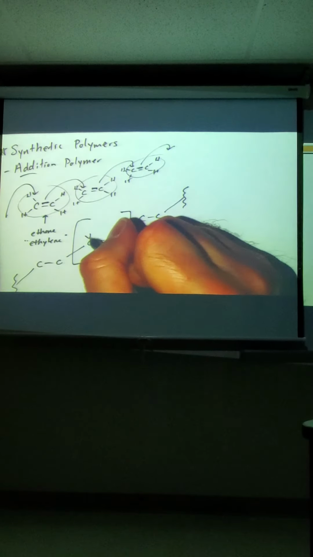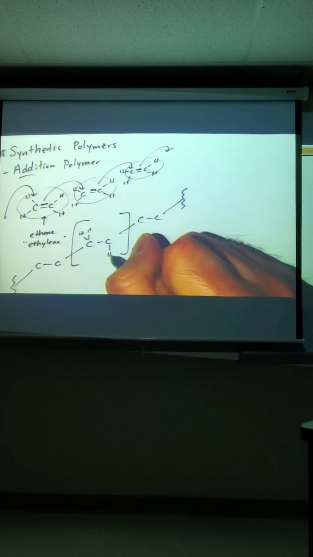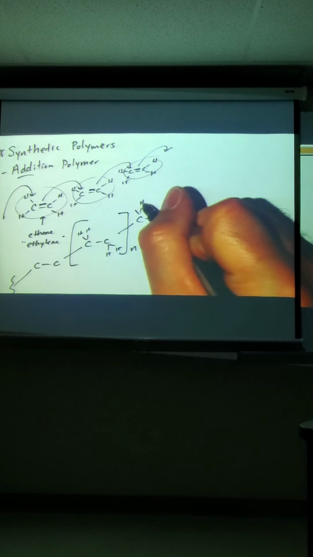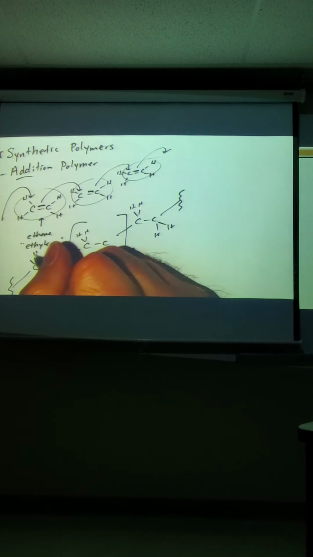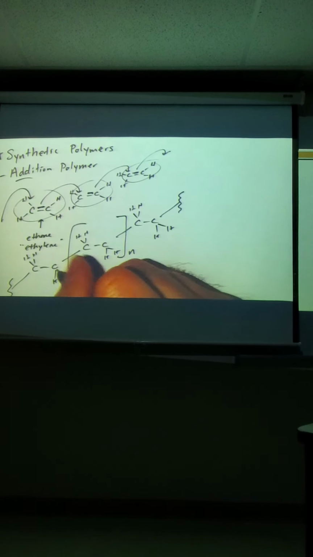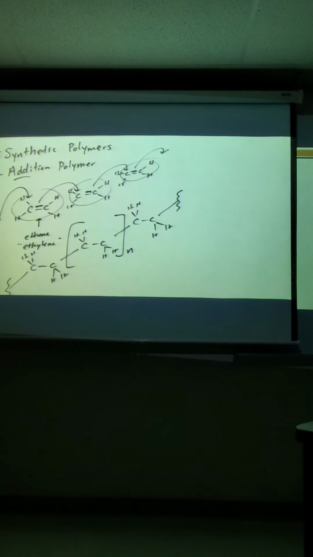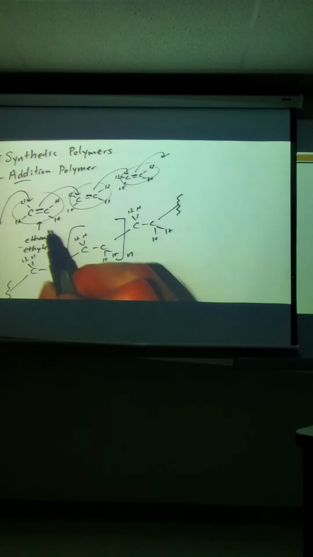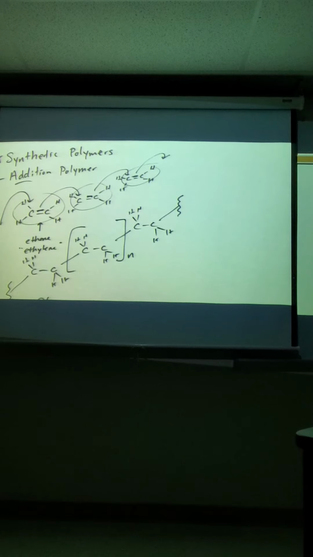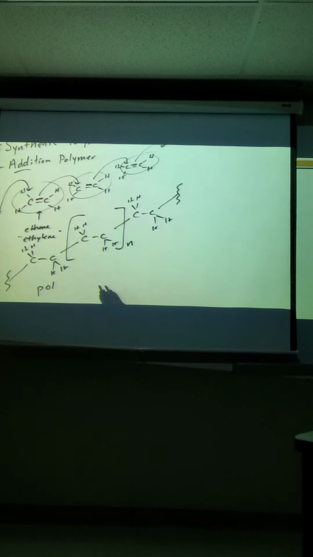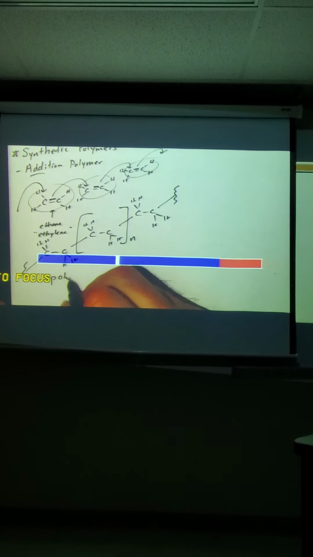In our case here, we just have 2 hydrogens, so it's a saturated hydrocarbon chain. The same hydrogens that were up here now have slightly better bond angles in their tetrahedral format versus their trigonal planar format up there. Because it's now a polymer, we say poly for polymer, polyethylene.